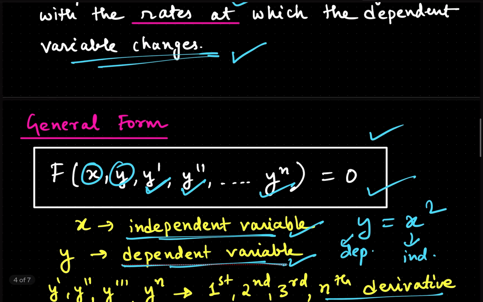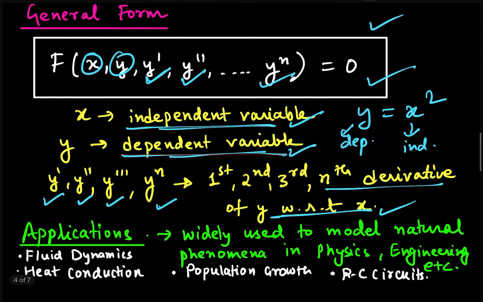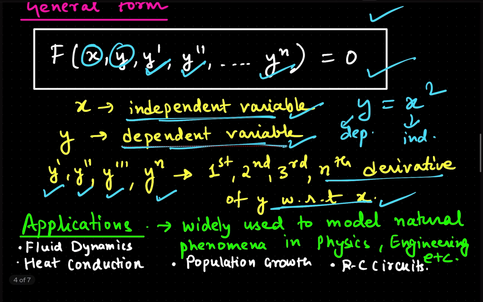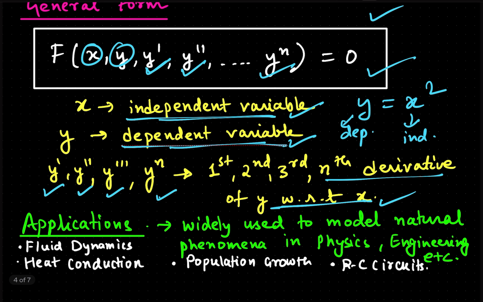If you see the applications of differential equations, they are widely used to model natural phenomena in physics and engineering. For example, in fluid mechanics we have seen the Navier-Stokes equation and the Reynolds transport equation. So there is a very massive use of differential equations. Then in heat conduction, we saw how heat flows in conduction and convection; those equations use differential equations.